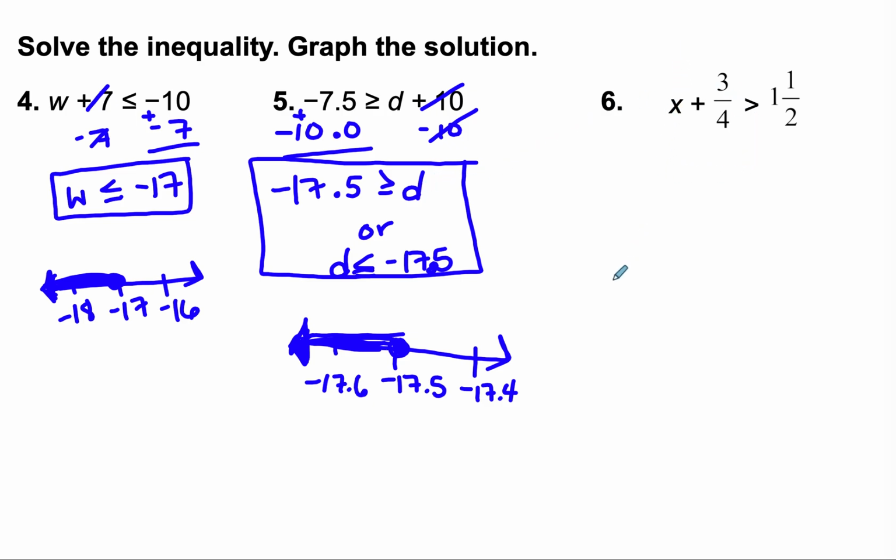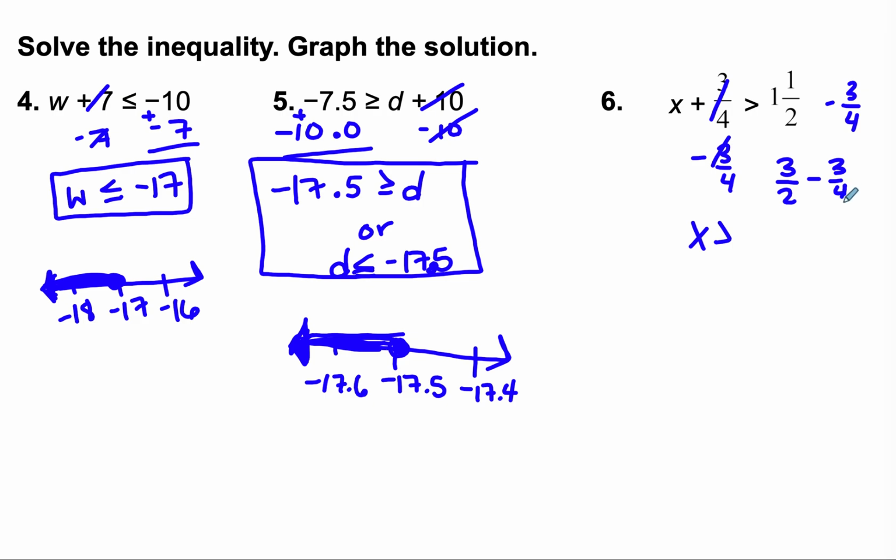All right, let's take a look at number 6. X plus 3/4 is greater than 1 1/2. All right, so I'm going to subtract 3/4. X is greater than. I'm going to change my 1 1/2 to an improper fraction. 2 times 1 is 2 plus 1 is 3. So 3/2 minus 3/4.